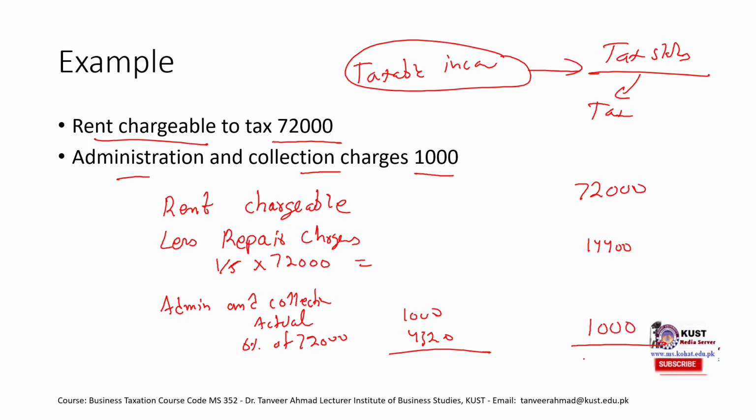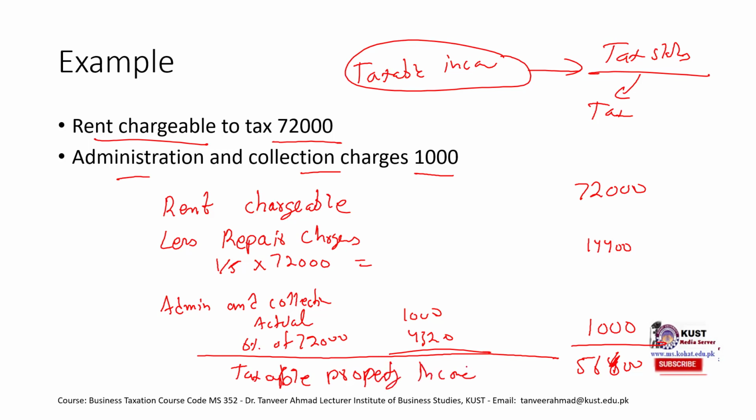So now the total amount turned out to be 56,600. This is the amount that we would call taxable property income, right?